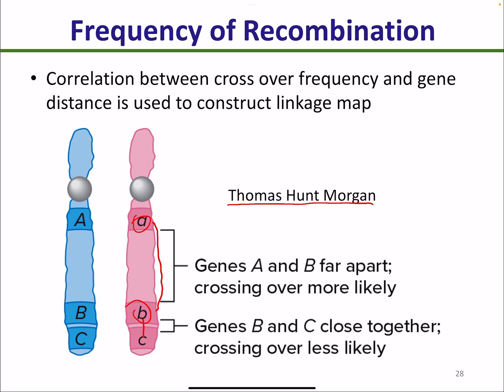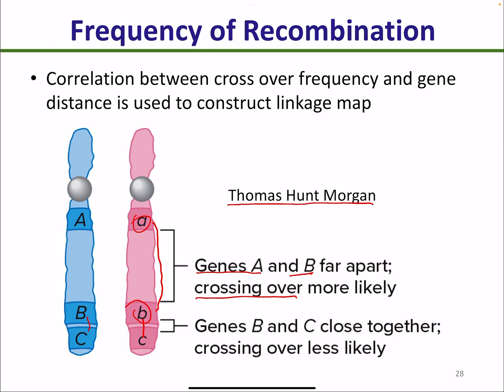Morgan came with the idea that when genes are far apart, say gene A and B, these genes are more likely to be involved in crossing over compared to genes that are so close together.